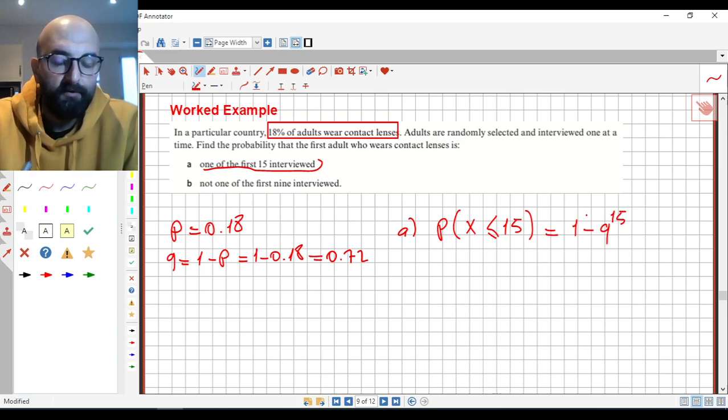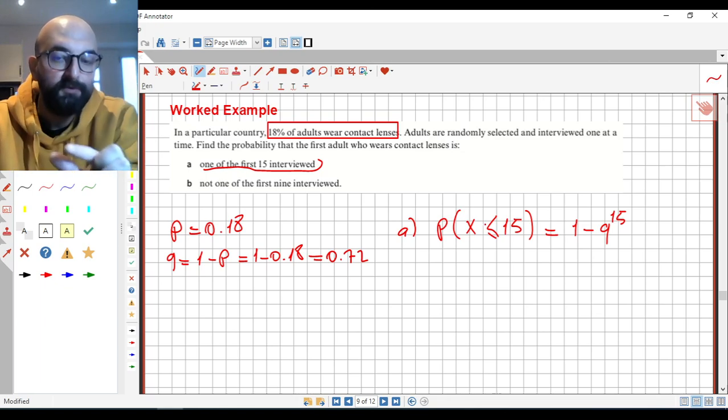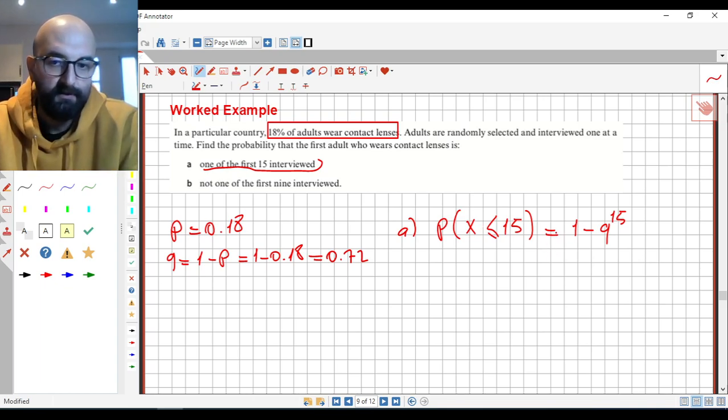If I subtract from 1 the case where 15 times we can't come across an adult who wears contact lenses, then I can come across the adults who wear contact lenses within the 15.